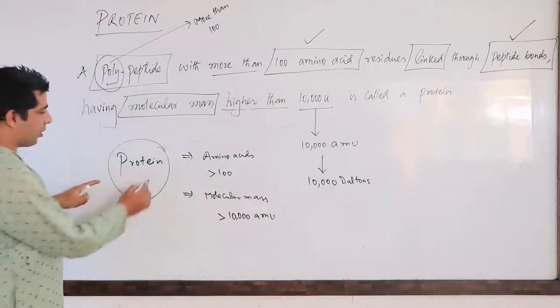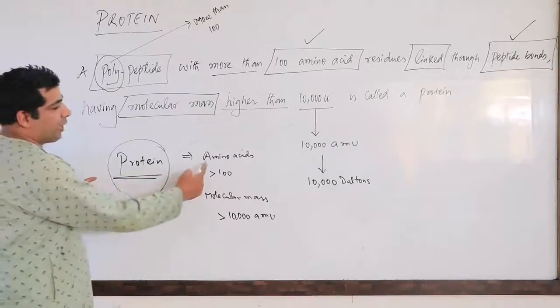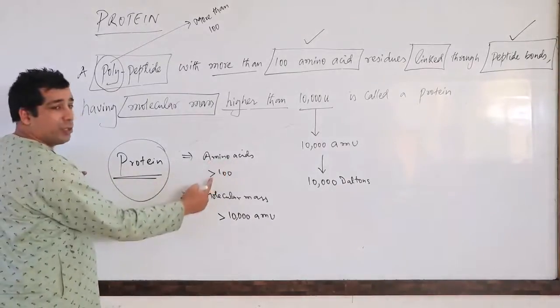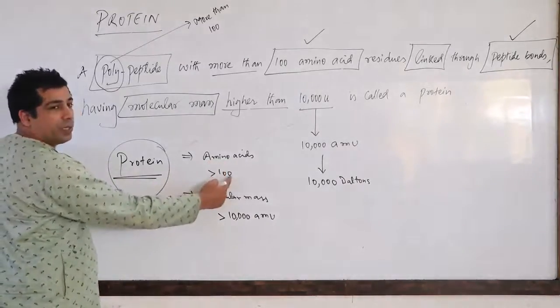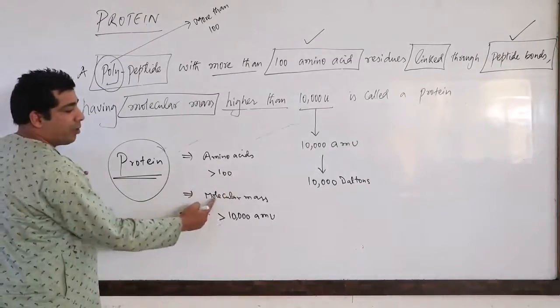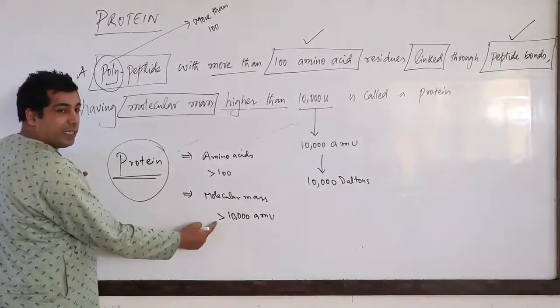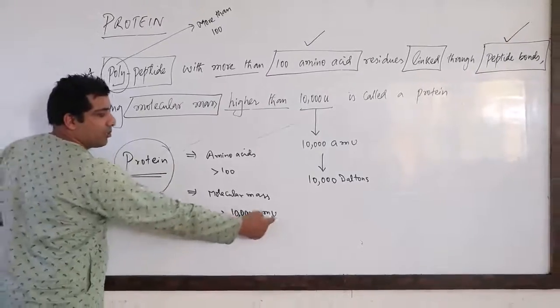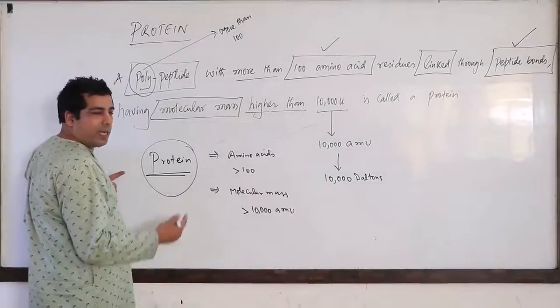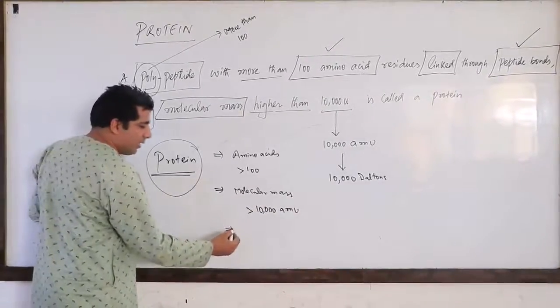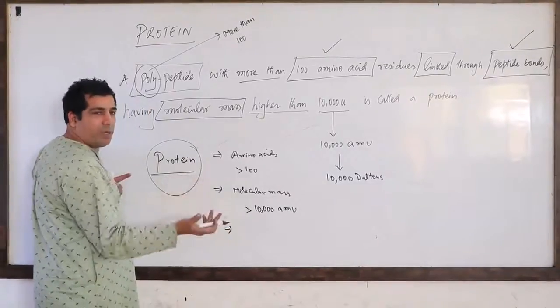If we talk of protein, protein should have amino acids. How many amino acids should be in protein? More than 100. Second thing, the molecular mass of protein should be greater than how much? 10,000 atomic mass units. Correct? And obviously one more thing: in protein we have peptide bonds.